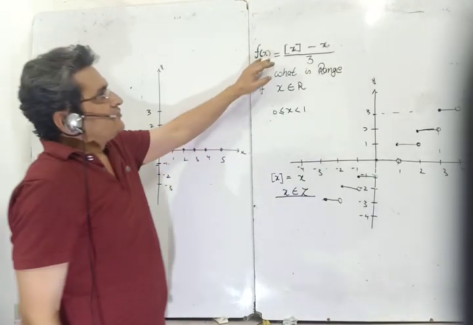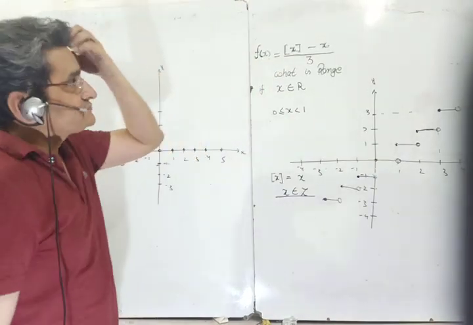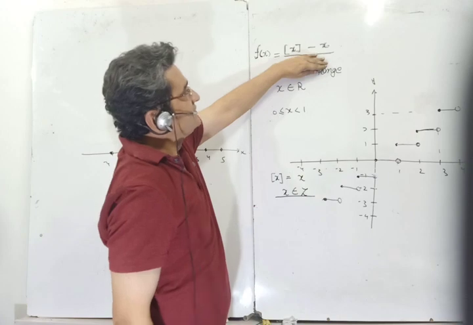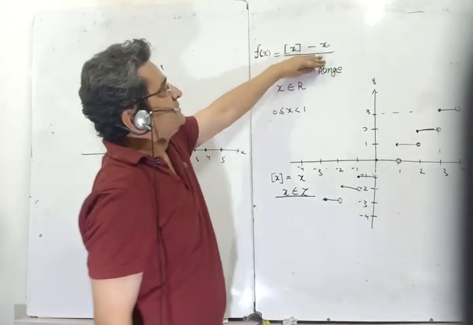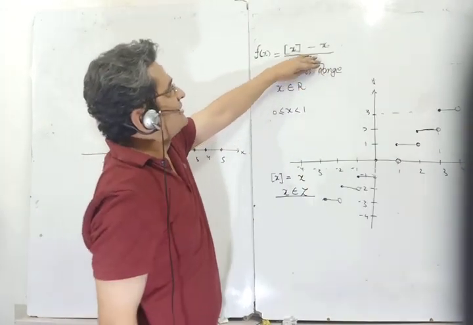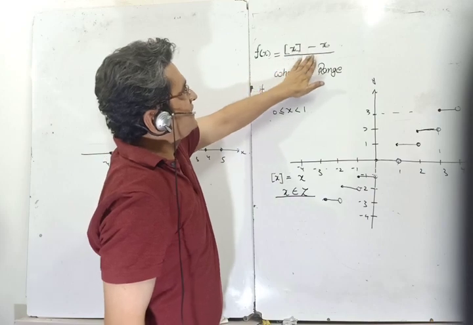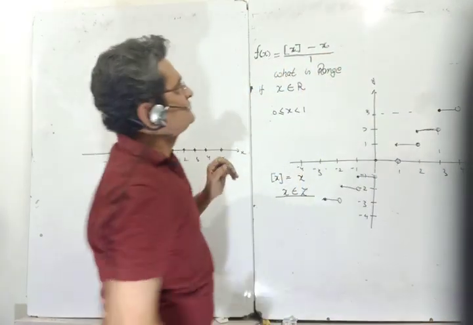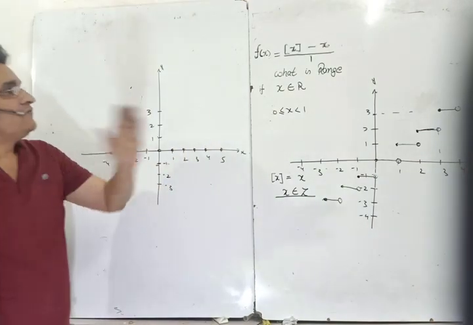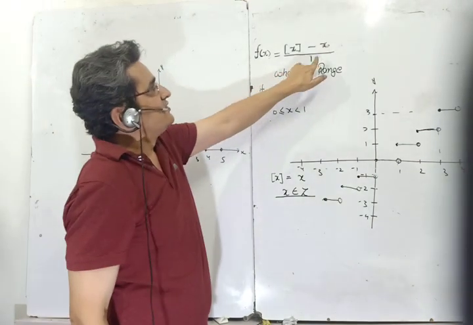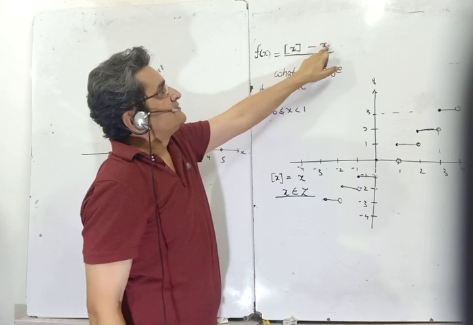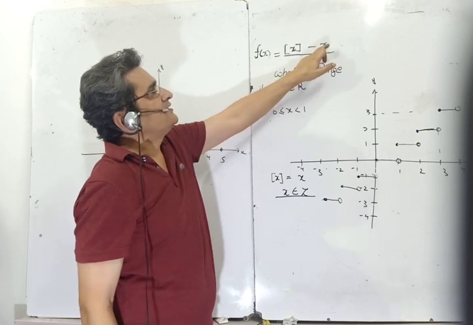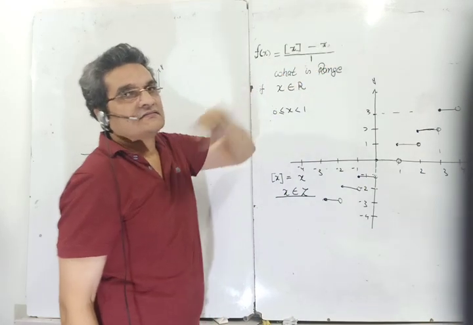Next thing we have to do is just forget 3 at the moment. 3 I am just making to show it, to make it complicated. Had 3 not been there, had it been, suppose, 1, what we have to do is just look at the other function. The other function is minus x.